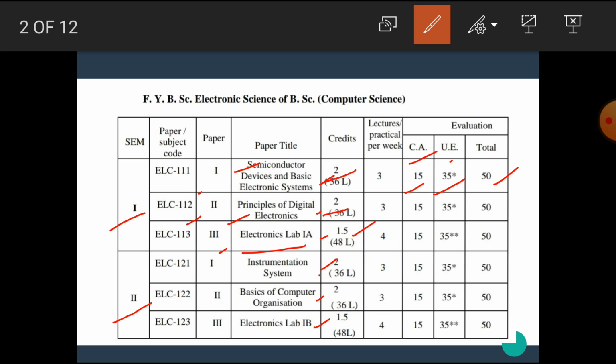In semester second, the paper first is Instrumentation System, which is for 2 credits. The paper second is Basics of Computer Organization, which is for 2 credits, and the paper third is the Electronics Practical Course second, which is for 1.5 credits.